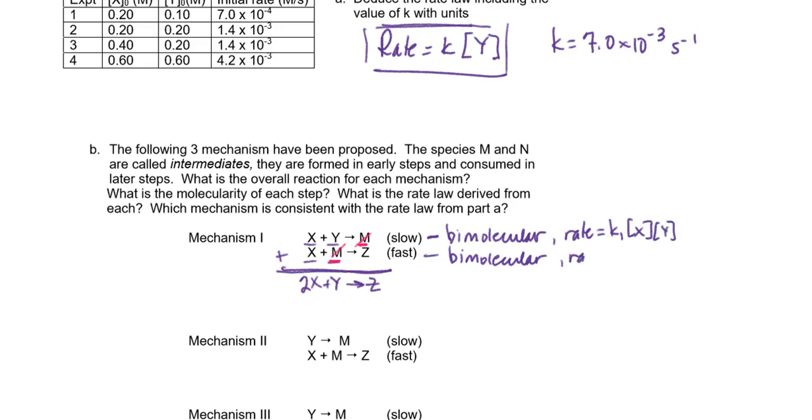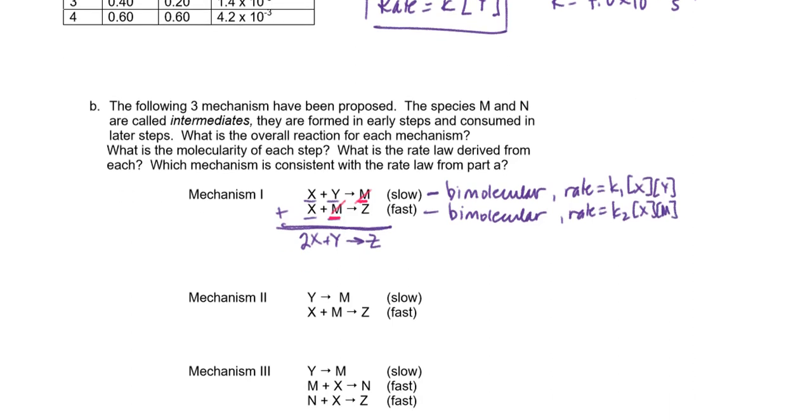For the fast step, the rate is K2, since we're on the second step, times the concentration of X times the concentration of M. The overall rate law, as I said just a little while ago, is controlled by the rate law of the slow step, or the rate determining step in the mechanism.